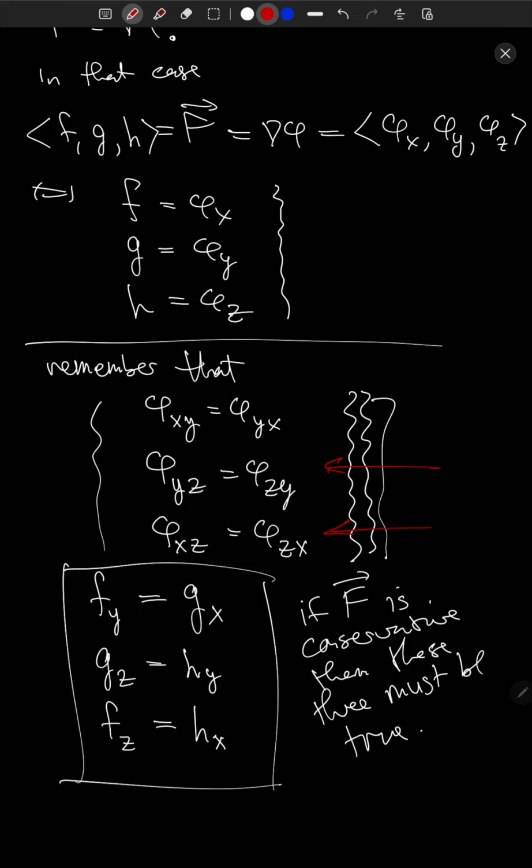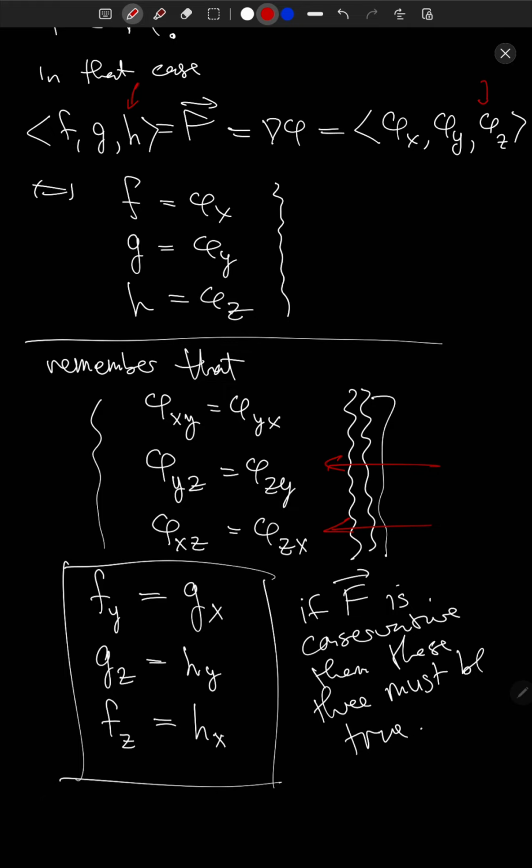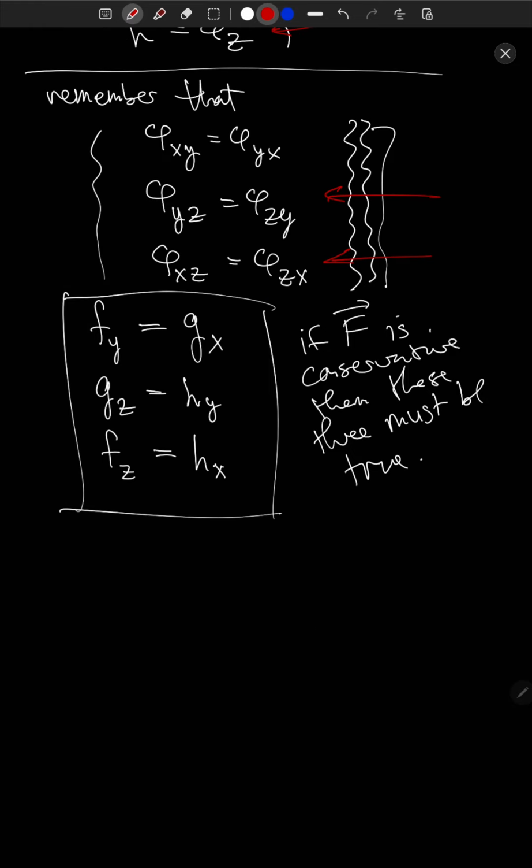From the beginning, you wouldn't have this h or that phi sub z. So in the plane, there would only be the condition f sub y equals g sub x.